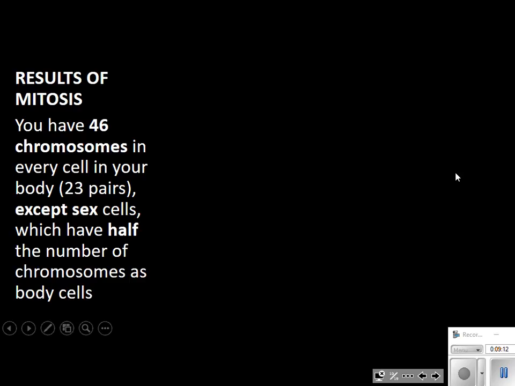Results of mitosis. The results of mitosis are that we have 46 chromosomes in every cell in your body. They're paired up, so we have 23 pairs.